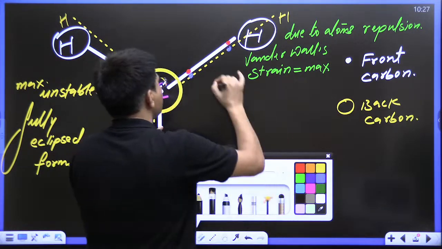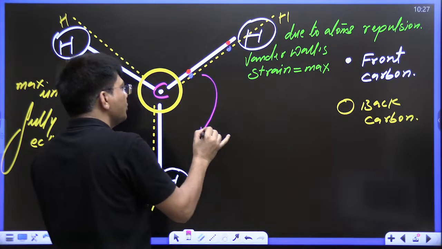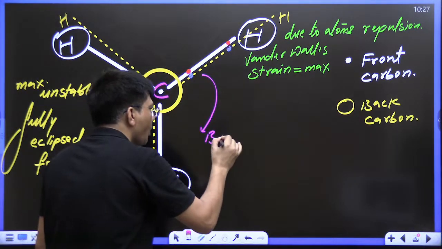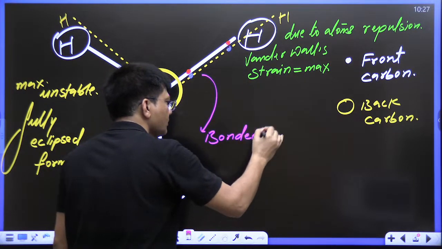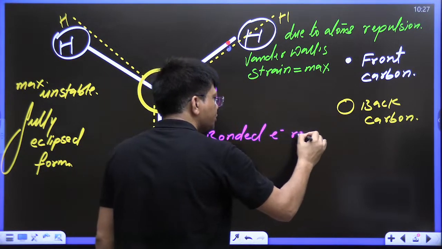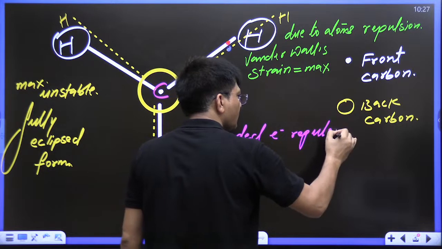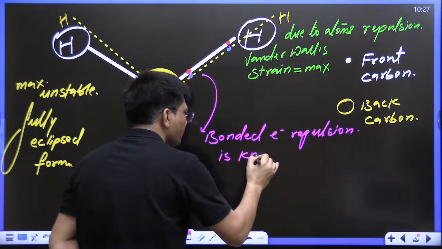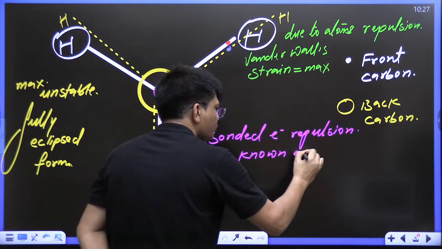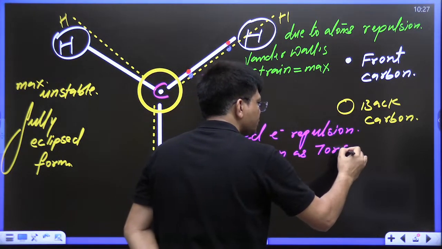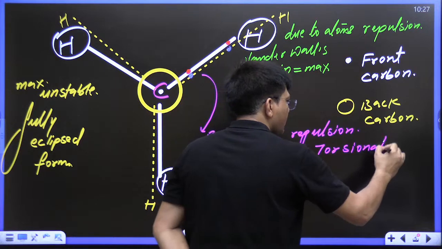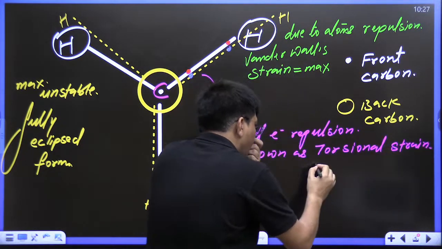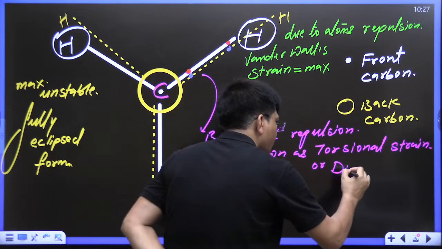So there is repulsion due to bonded electrons. Bonded electronic repulsion is known as torsional strain. This is also known as dihedral strain.